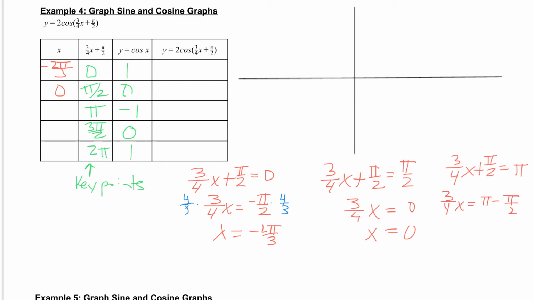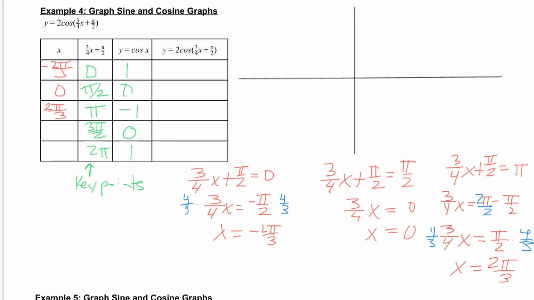So I can change pi in terms of halves, which would change this to 2 pi over 2. So essentially that tells me that 3/4 x is equal to pi over 2. And then I need to multiply by the reciprocal, so I'm going to be multiplying by 4/3 on both sides. And that gives me an answer of x equal to 2 pi over 3. And I can fill that in here.